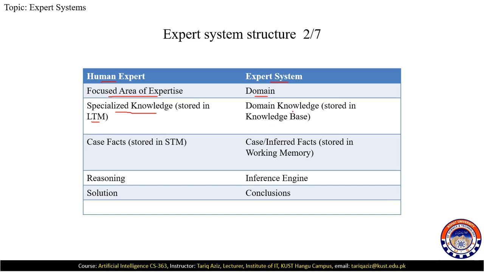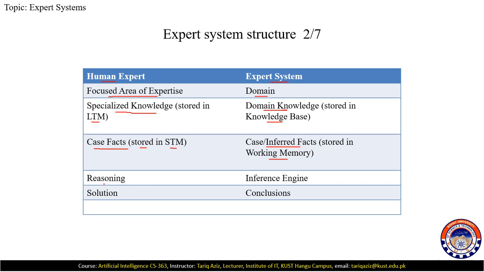But in the expert system, we represent this with domain knowledge, and the expert system stores this domain knowledge in the knowledge base. Then the human expert takes the current states or facts from the environment and stores all these current facts or states in its short term memory. In the case of the expert system, we represent this with inferred facts, and the expert system will store these inferred facts in working memory.